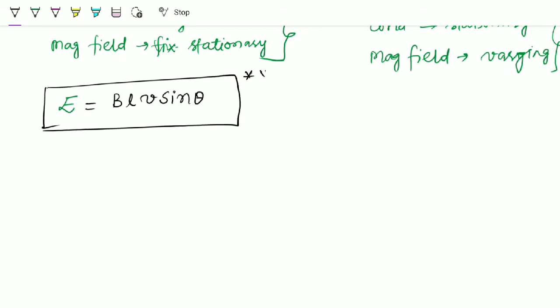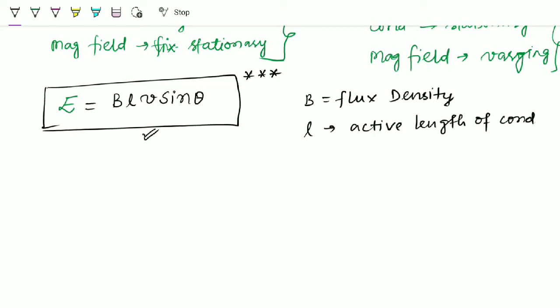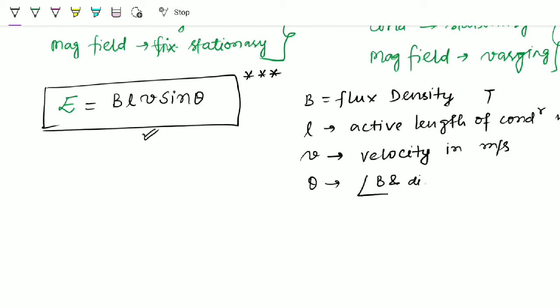It is one of the basic relations, and problems based on these relations are generally asked in examinations, where B is the flux density, L is the active length of the conductor, V is the velocity in meter per second, length will be in meter, flux density will be in Tesla, and theta is the angle between magnetic field and direction of motion of the conductor.